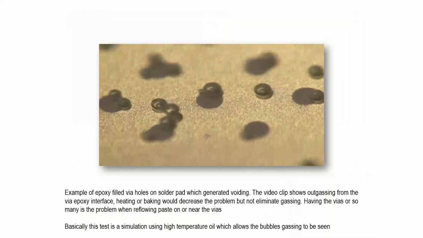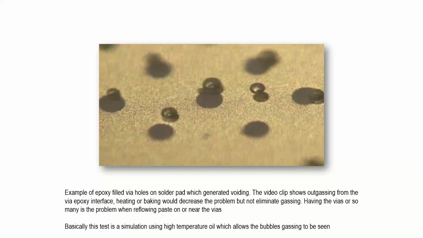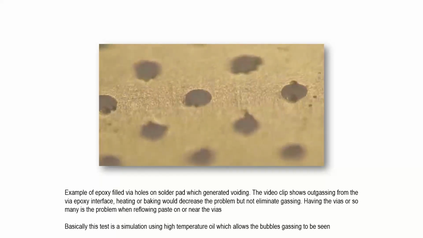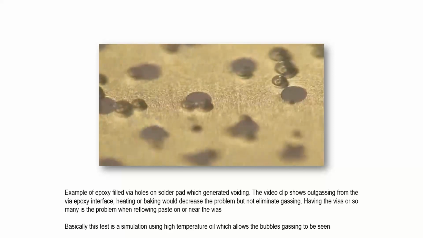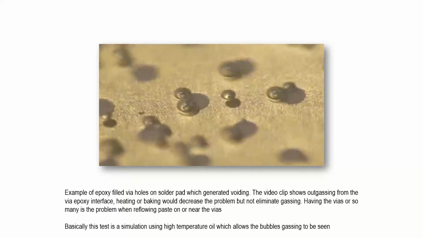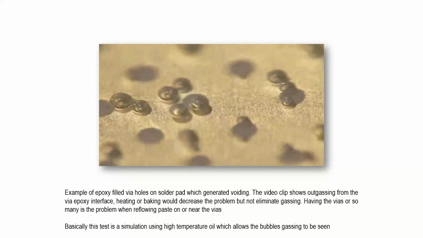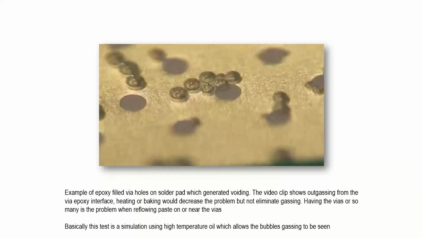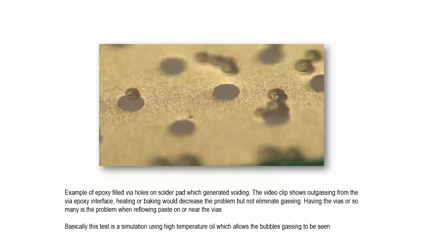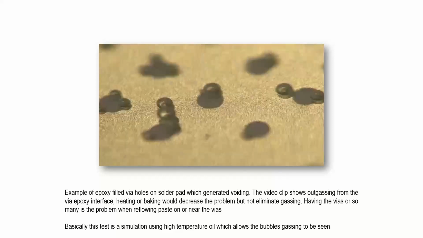In this example, I was doing this on a production site. Now, these are a package. The via holes have been filled with an epoxy in PCB fab. These are not plated over, so you can still see them gassing, but you could probably get the same phenomena take place even if they were plated over.